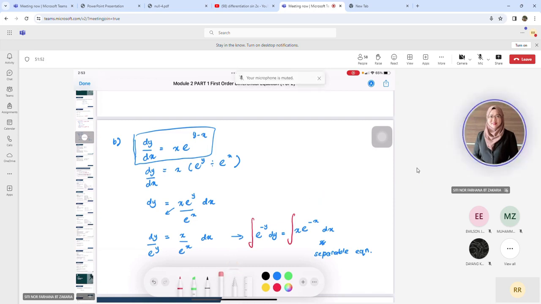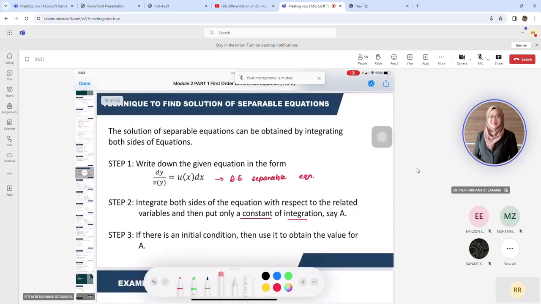So this is what step 2 means. And then if there are initial condition, then use it to obtain value for it. So if they give you initial boundary or initial condition, then use that value to find value for constant A or K. So this is a simple method because only have 3 steps.